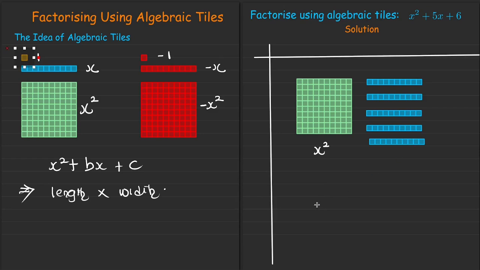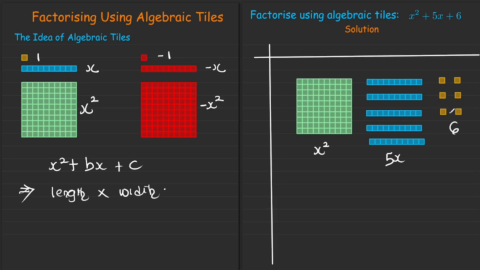And since it is positive, we are going to take the yellow one and not the red one. So 6 of them: 1, 2, 3, then we add 3 more, making 6. Let me write them under it. So these are x squared, this becomes our 5x, and this becomes our 6.